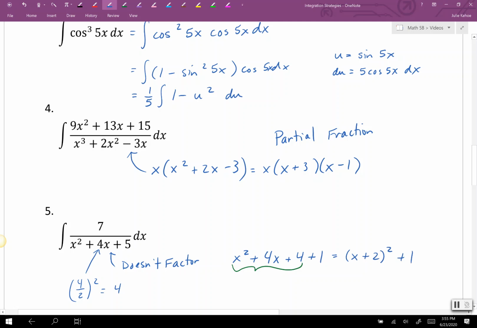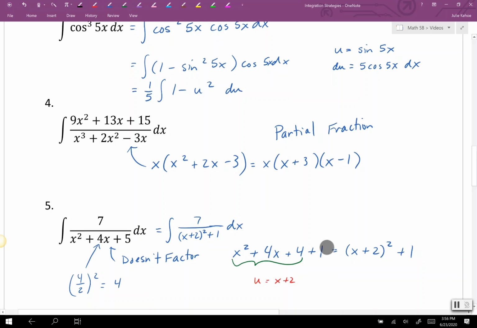So the question is, well, did that help me in my integral if I rewrite this in that way? x plus 2 squared plus 1 on the bottom. Well, now I look at that, and I can do a u substitution. I can say that u is equal to x plus 2, and then du would just be equal to dx.